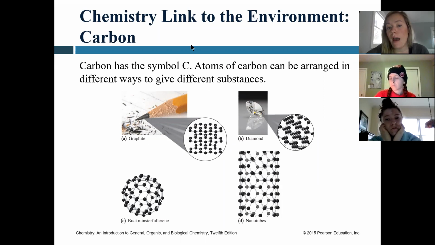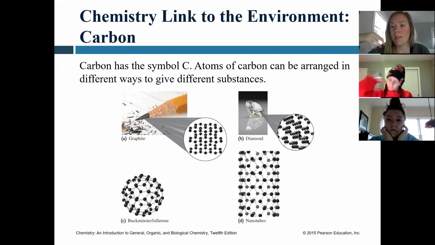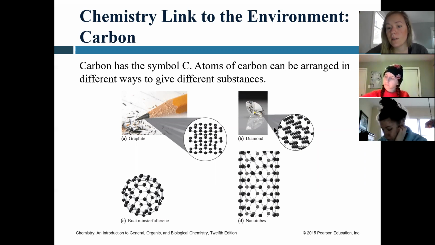Then you can also have carbon arranged in what's known as a framework structure. Instead of being in sheets, every single carbon is attached to a carbon around it, and they all have equal strength bonds, very, very strong, and you get a diamond.